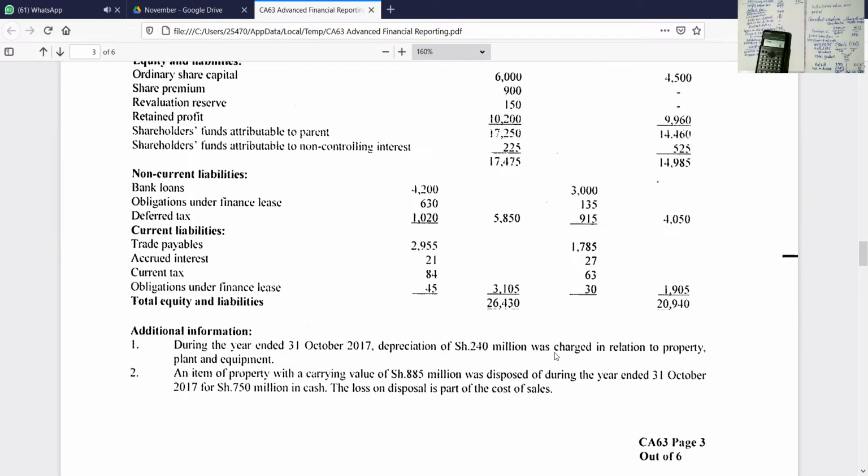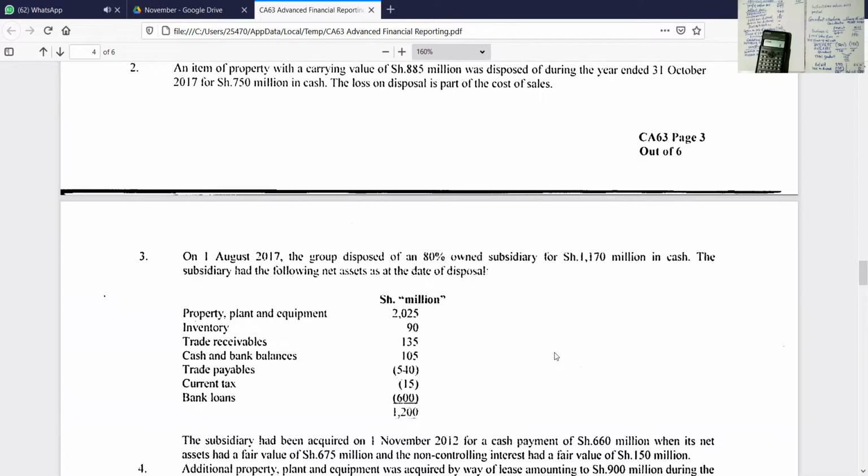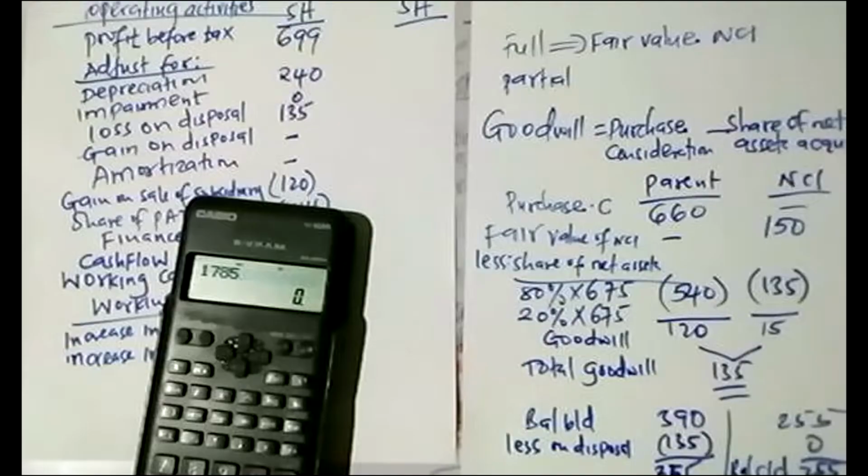So I have to subtract the one for the subsidiary which was disposed, that is 540. So there's this element of 540. So I have to minus 540. So I'm getting 1245.